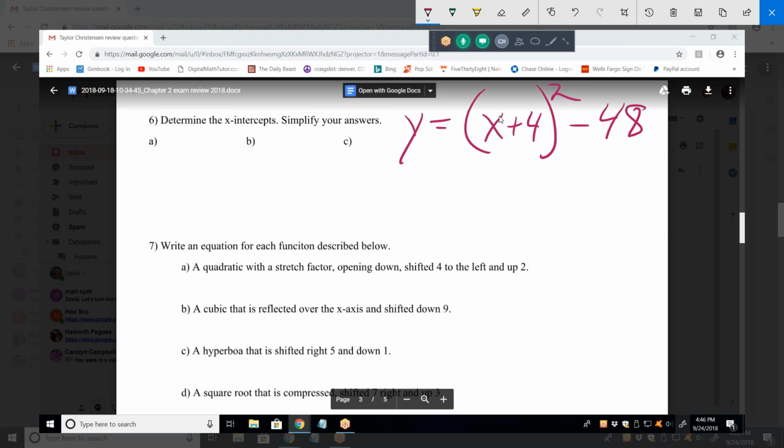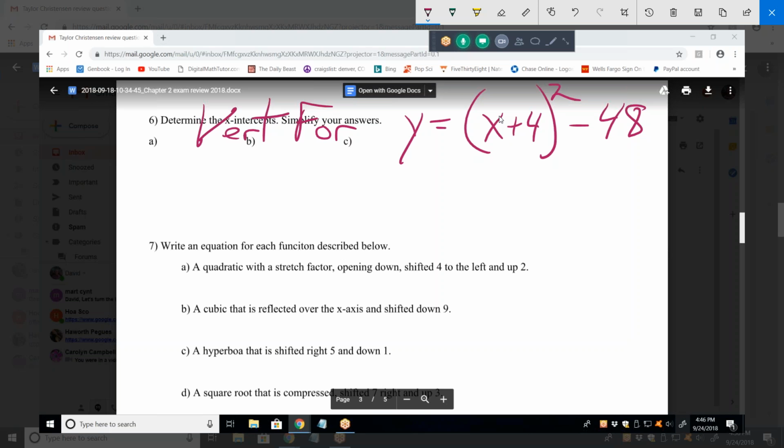Again, this is vertex format, meaning that h is -4, so your x coordinate is -4 on the vertex, and your y coordinate is -48. So we can tell where the vertex is immediately. But they're not looking for the vertex. They're looking for the x-intercepts.